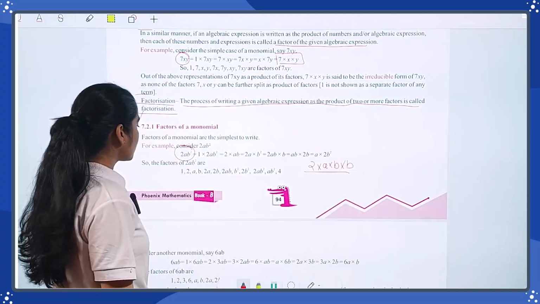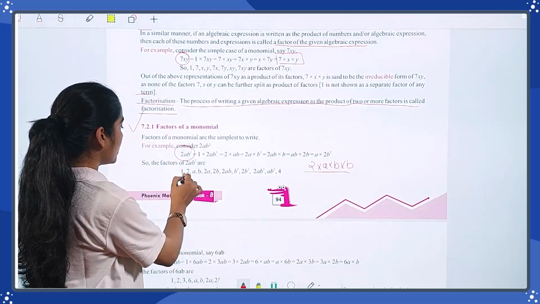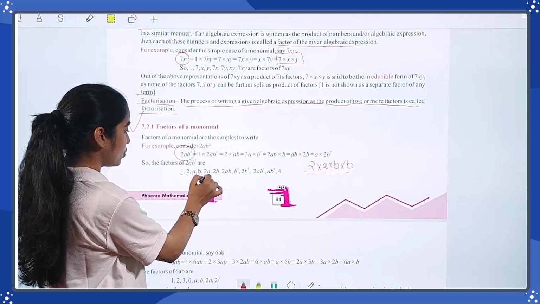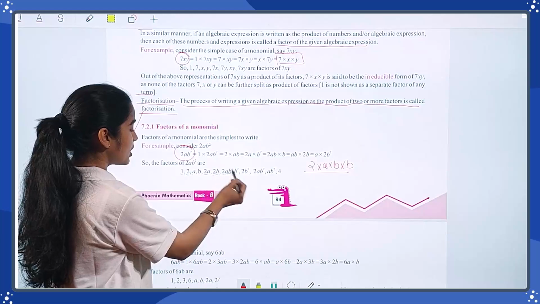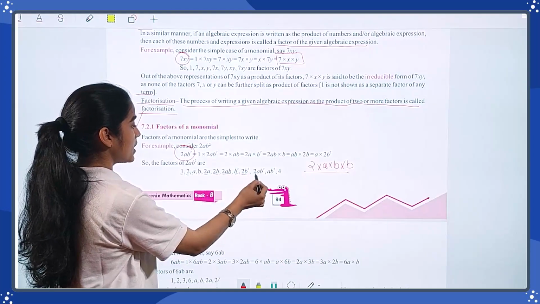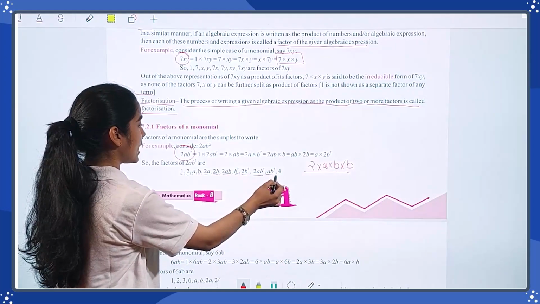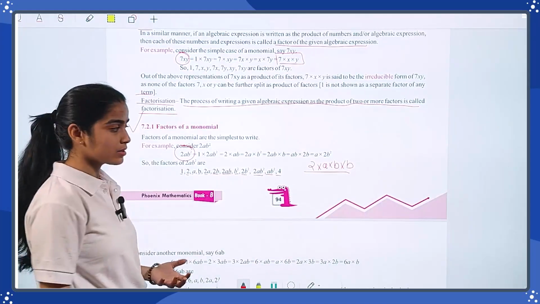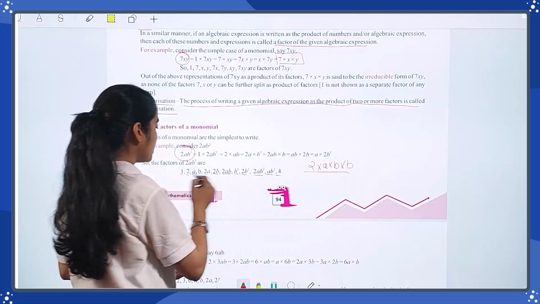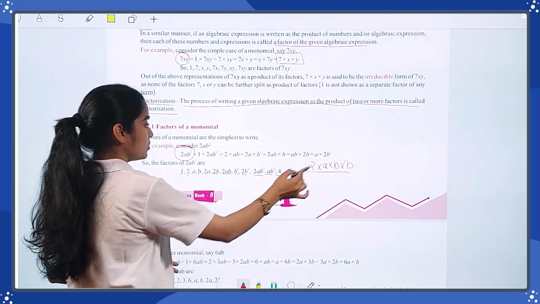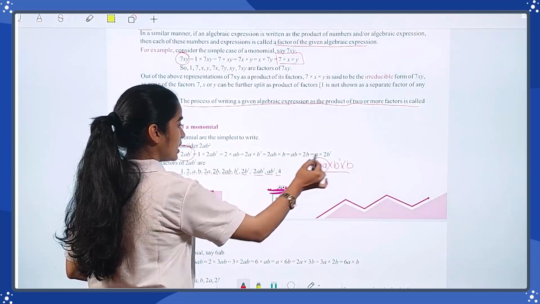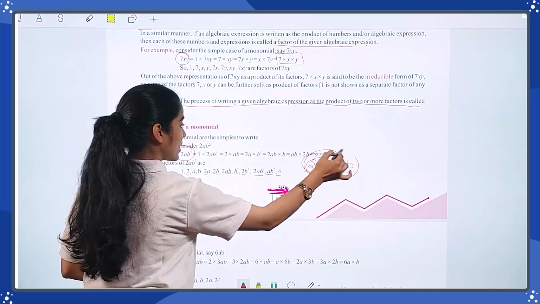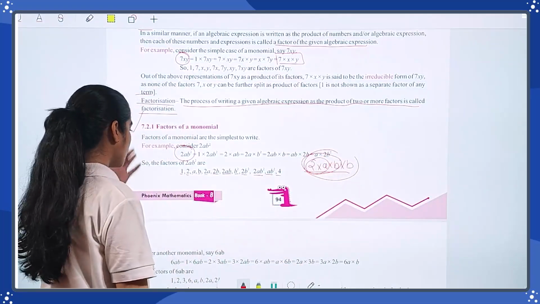Okay, so the factors of 2ab square are 1, 2, a, b, 2a, 2b, ab, b square, 2b square, ab square, 2ab and 2ab square. So what we are doing here is making pairs of the factors. So in that way you can find your factors.